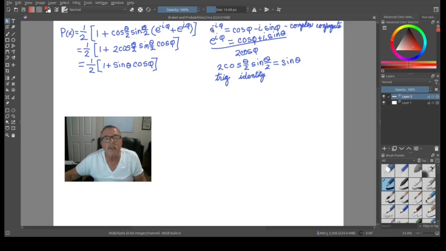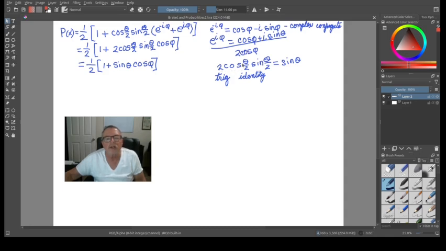By definition, e to the negative I phi is cosine phi minus I sine phi, and the other one that is not the complex conjugate, see I've got complex conjugate up there, e to the I phi equals cosine phi plus I sine phi. Now, if we add these two together, the I signs drop out and we get 2 cosine phi. Now, here's something that is going to blow your head open a little bit.